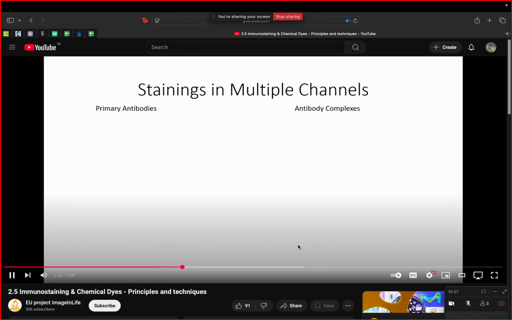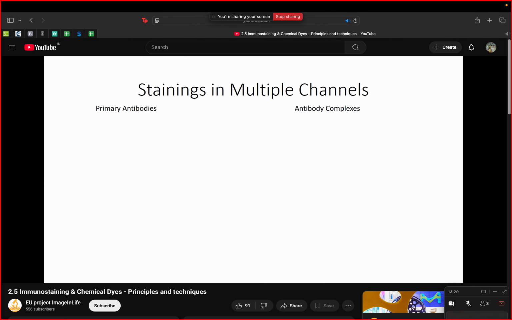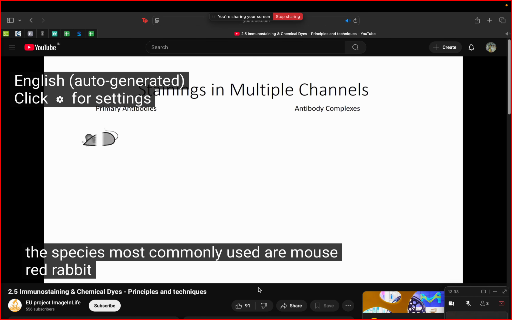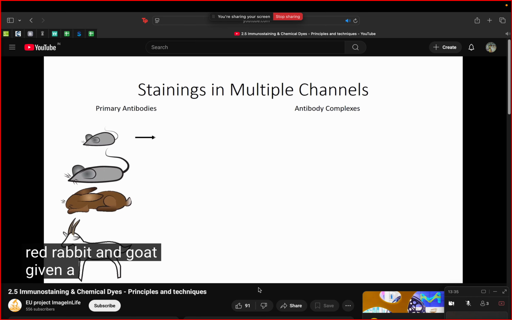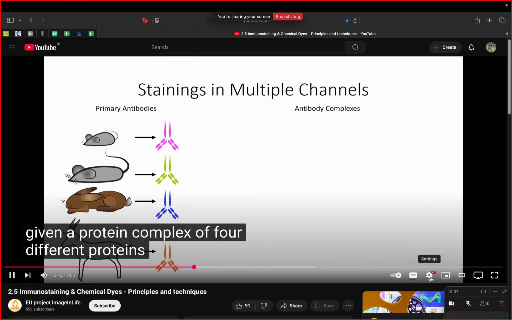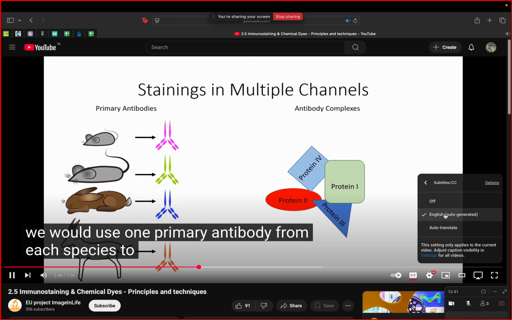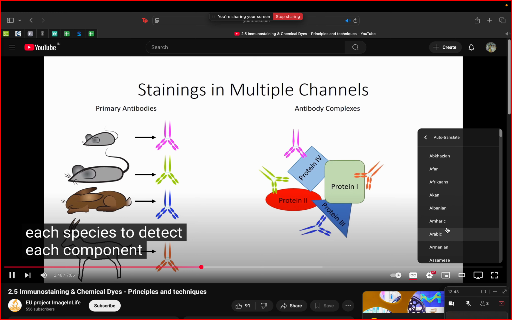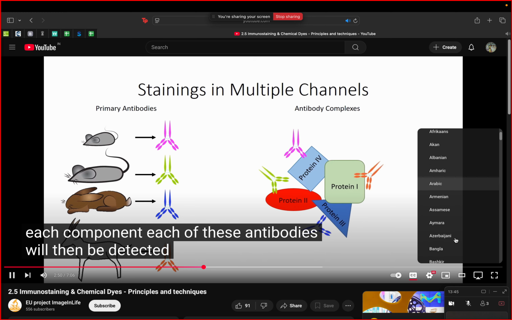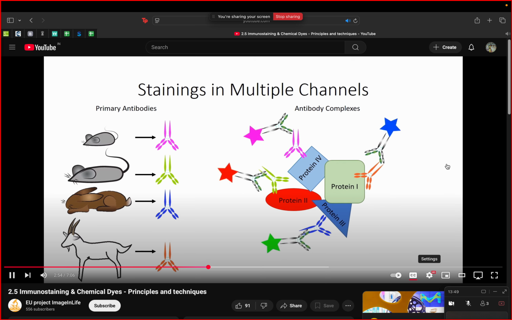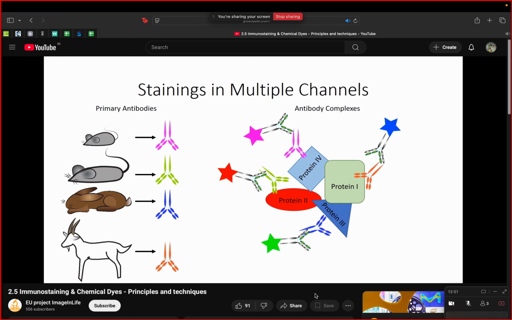For this, we must use primary antibodies that are raised in different species. The species most commonly used are mouse, rat, rabbit, and goat. Given a protein complex of 4 different proteins, we would use one primary antibody from each species to detect each component. Each of these antibodies will then be detected by a different secondary antibody, which is tagged with a specific fluorophore, resulting in a 4-colored image.